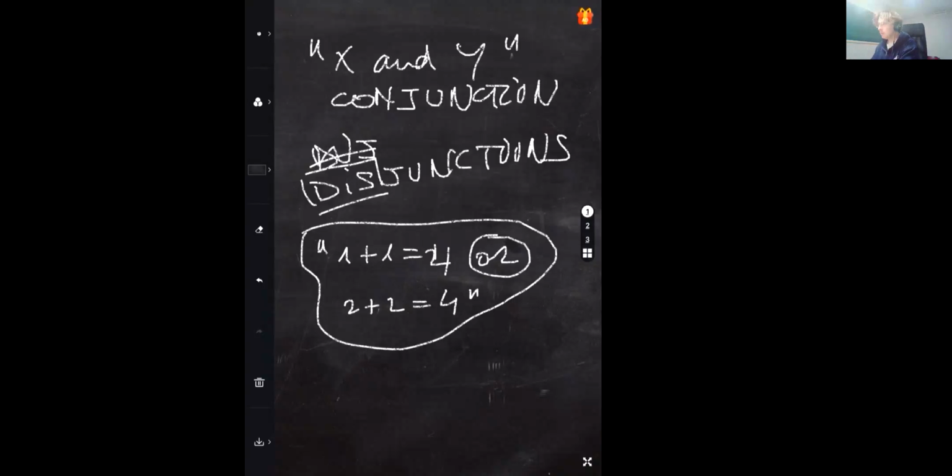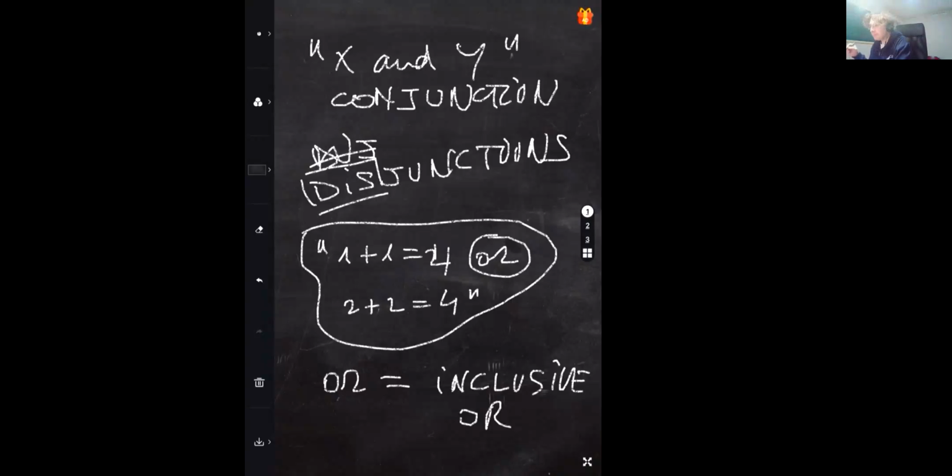Now, remember, and I spent quite some time on this or. In mathematical logic, or in most cases will default to inclusive or. What does it mean?